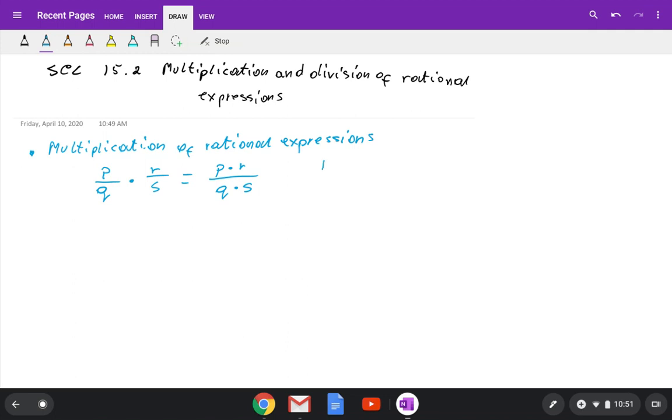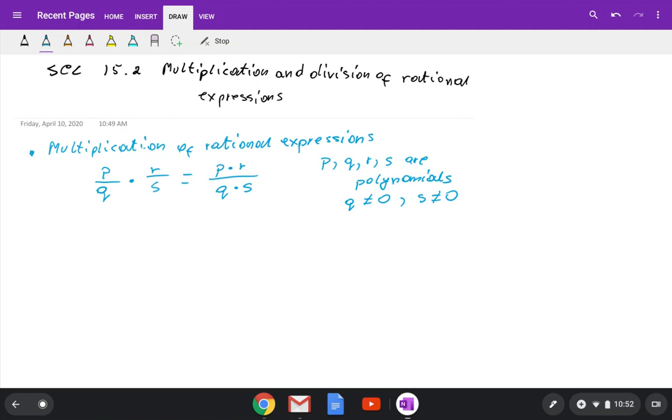Again, in this case, p, q, r, s are polynomials. And since they are rational expressions, q can't be 0, s can't be 0.